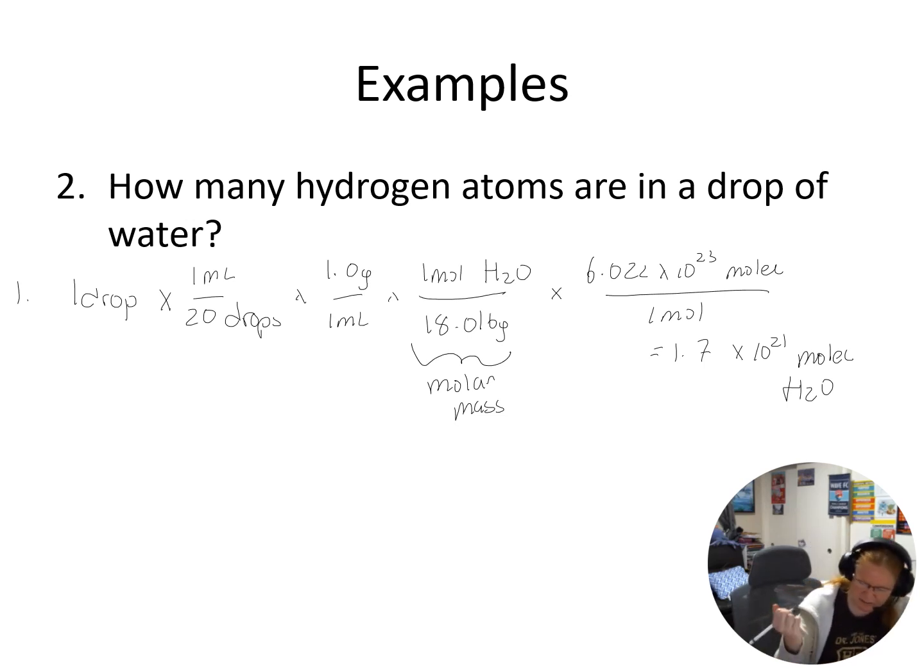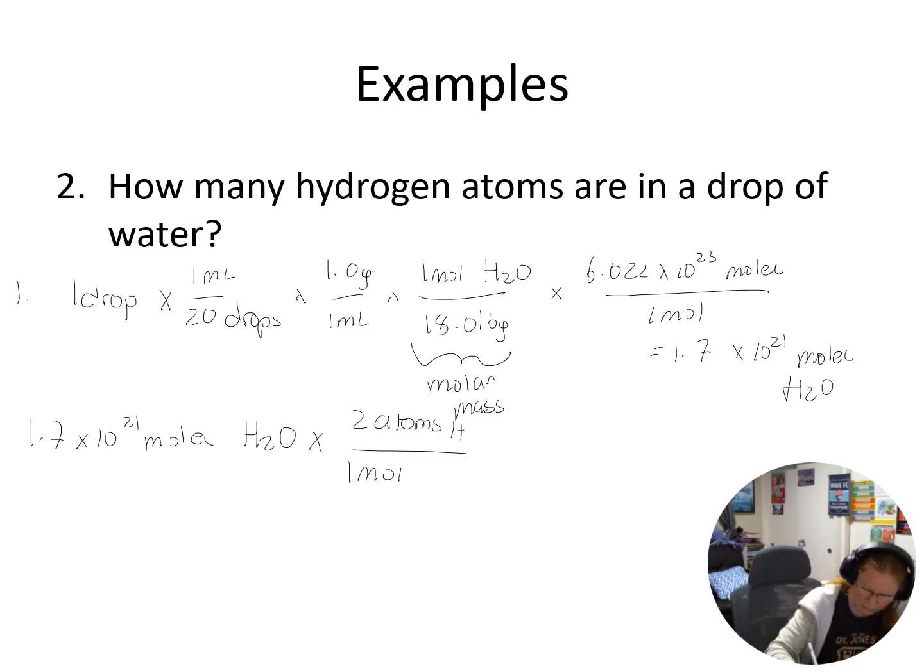All right, so we can take our 1.7 times 10 to the 21st molecules. I have 2 atoms of hydrogen in every 1 molecule of water per my formula, H2O. And so I'm going to get 3.4 times 10 to the 21st atoms of hydrogen.